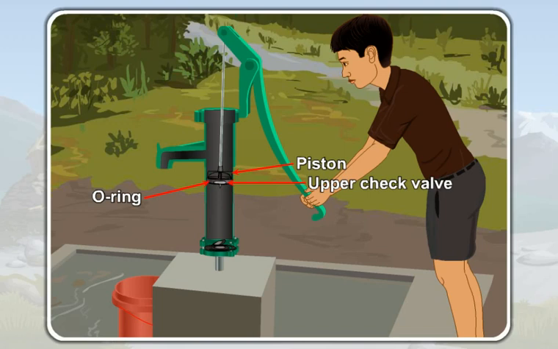Please note that the air and the water above the upper check valve cannot pass through the O-ring and the upper check valve. Because of the partial vacuum, the lower check valve opens. Then, to fill up the partial vacuum, the water in the pipe rises up to enter the cylinder. That means the underground water is drawn up in the cylinder.